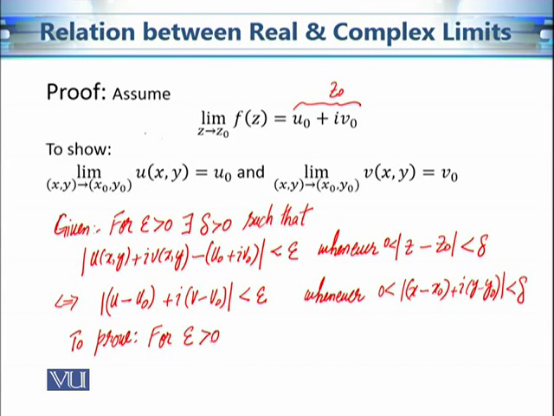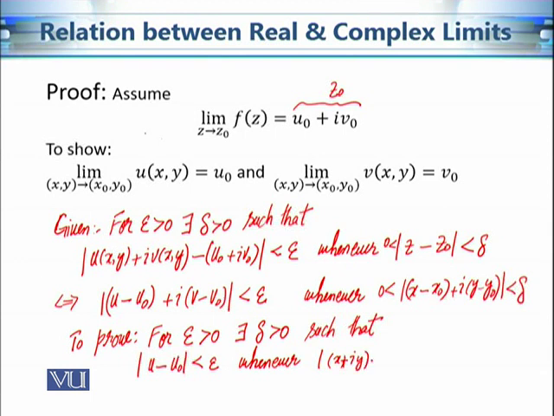For epsilon greater than 0, we want to find a delta greater than 0 such that the distance between u and u₀ is less than epsilon, once again ignoring the x and y variables, whenever the distance between x plus ι y and x₀ plus ι y₀ is less than delta and of course greater than 0. So that is the statement that we want to show.